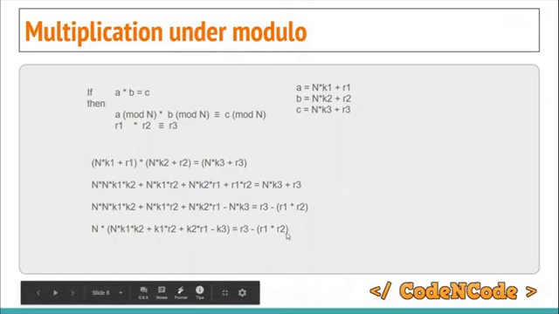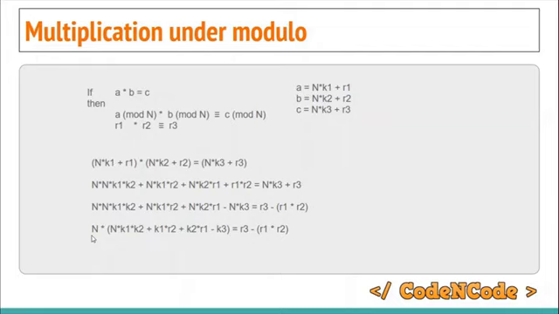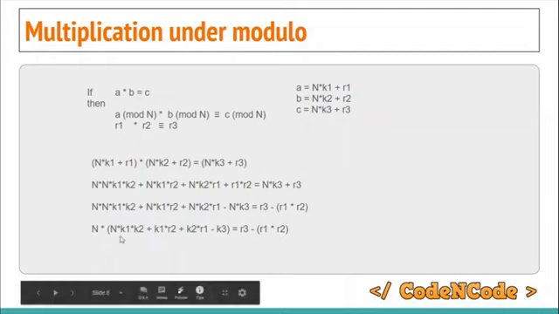r3 minus r1 r2 is a multiple of n, or that is, it is divisible by n, because all the terms inside are integers, and their multiplication, addition and subtraction would result again in an integer. So r3 minus r1 r2, if I send this n to the right hand side, would become r3 minus r1 r2 divided by n.